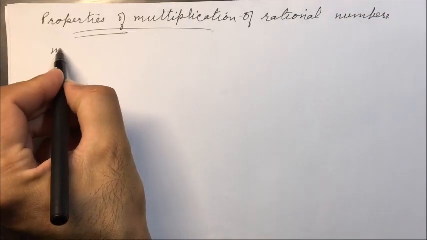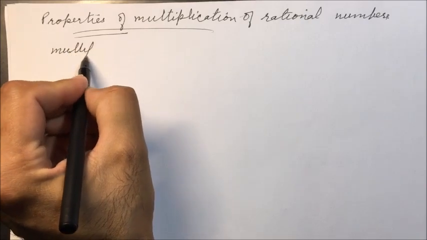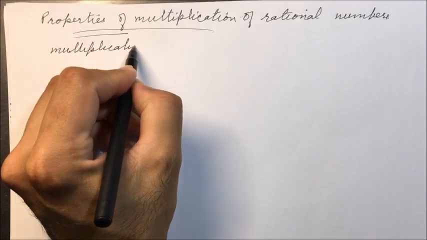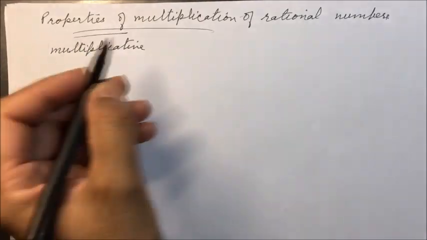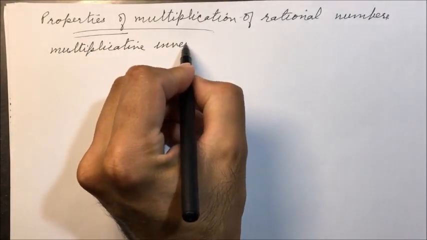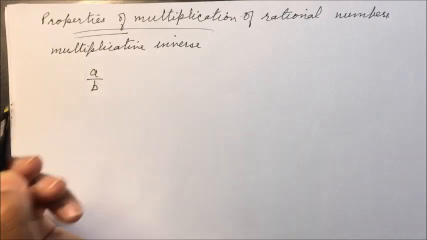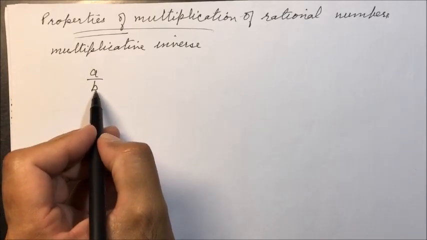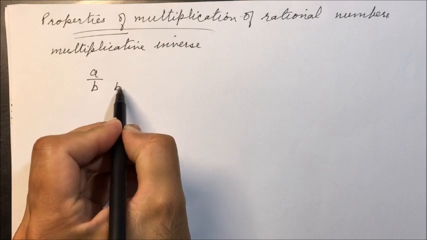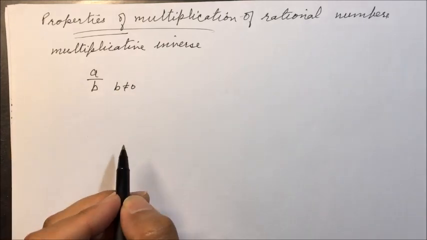We have discussed it earlier as well. So for example, we have a rational number a by b. A by b is a rational number, that means b is not equal to 0.